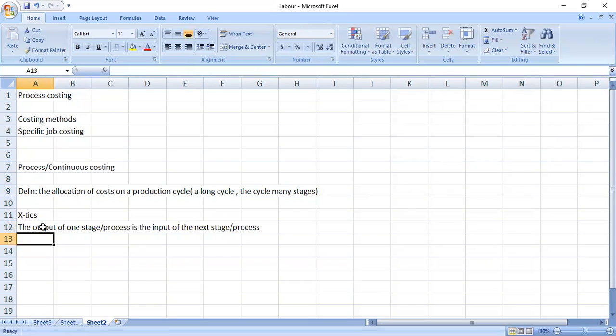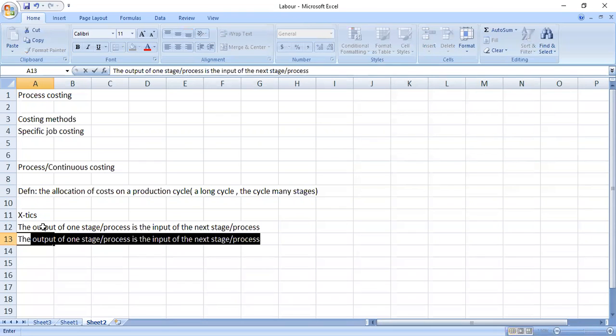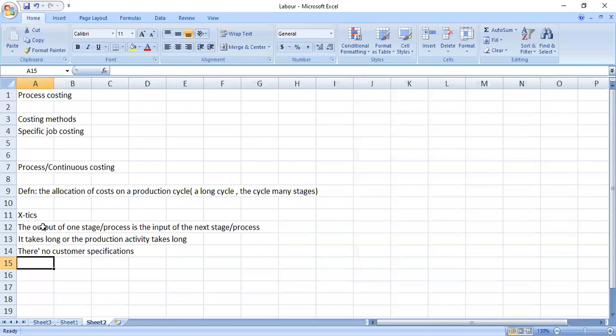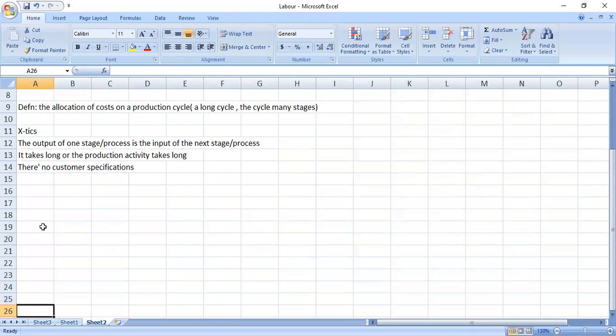Secondly, the production activity takes long compared to the others. And then there are no customer specifications here. Among the many, those are some of the characteristics.